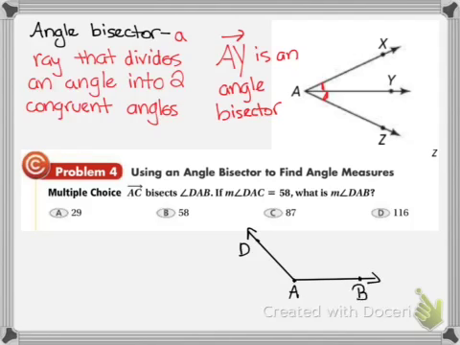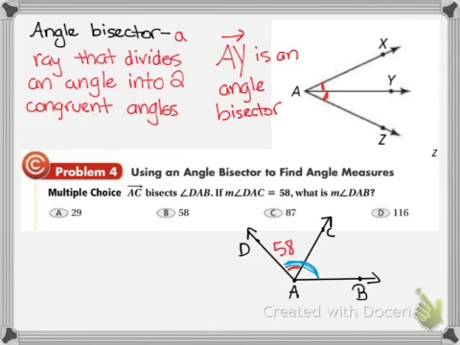And then we're told that AC bisects that angle. So I'm going to get it as closely as I can to look like a bisector, and we'll label this up here point C. Then we're told that DAC is 58 degrees. So we want to know what is DAB, that entire angle.